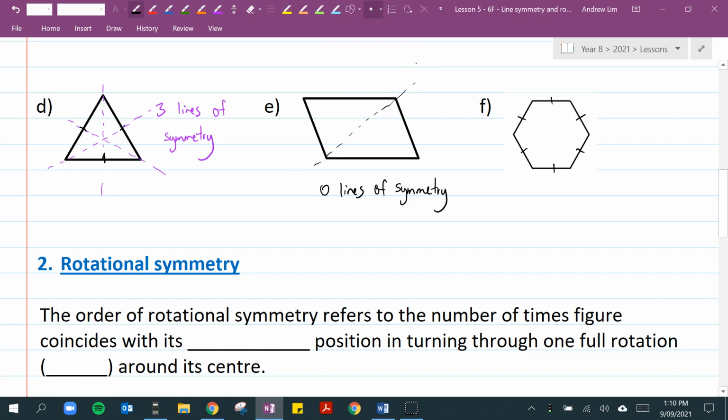Unfortunately, when we fold it across that line, it won't completely cover the other half. Yes, it is split into two equal halves, but when we fold this corner here across this line, because it has to be at a right angle, it's going to come down here somewhere. It's not going to come over onto this side. So there are 0 lines of symmetry here.